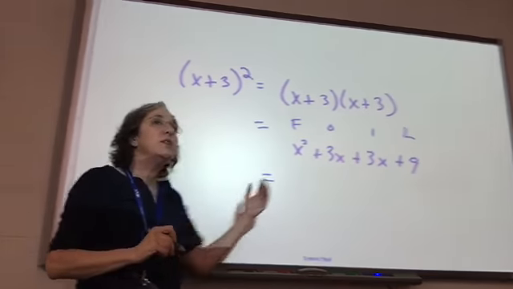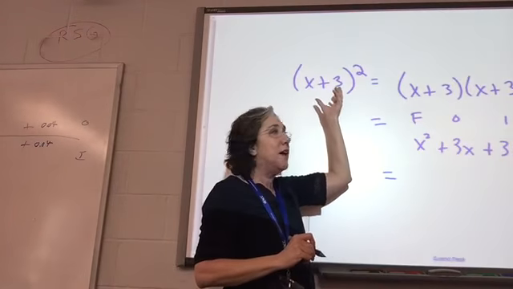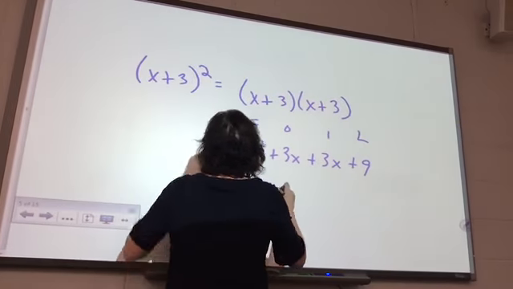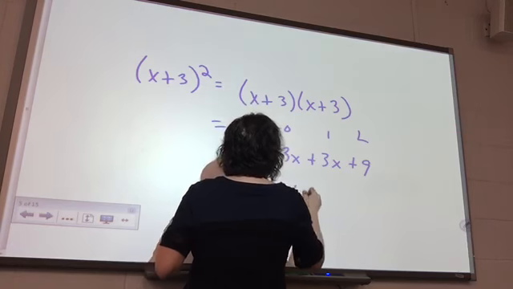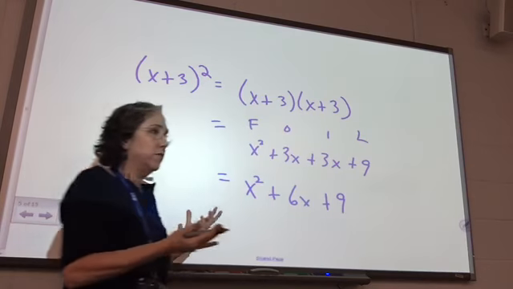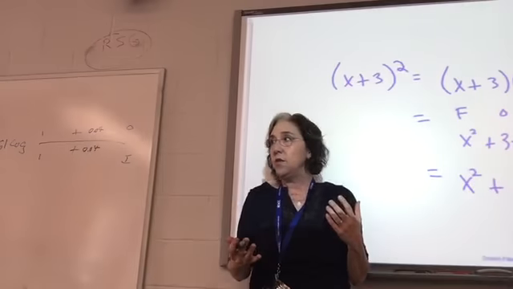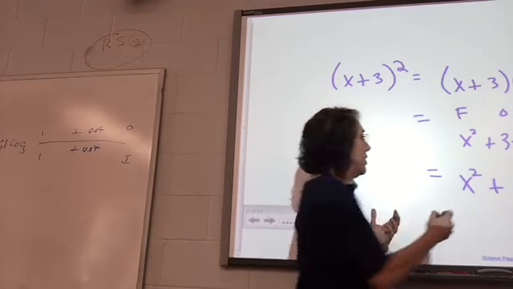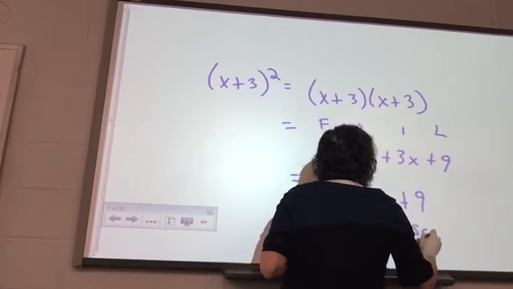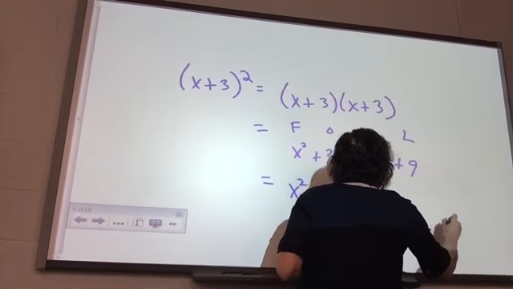And that's where some students have gotten good at, you don't have to do that, you know what you get. You get x squared, you get twice the product because you're going to have 2 of the same thing, and you do get the plus 9 on the end. Okay? So far, so good? Bless you. So that is called a perfect square trinomial.